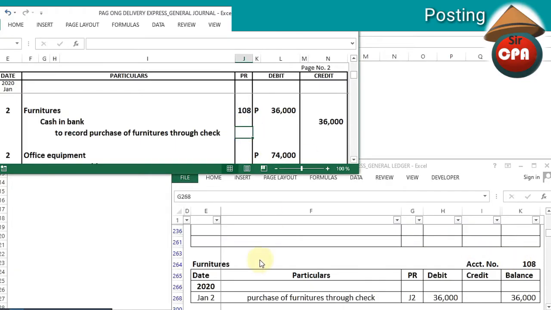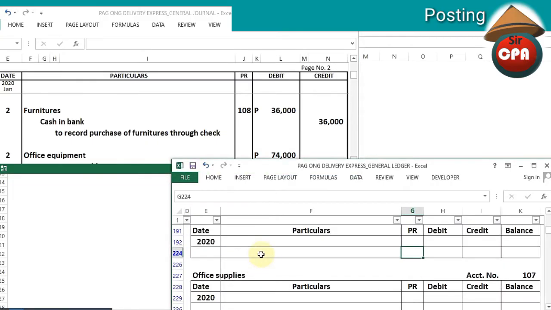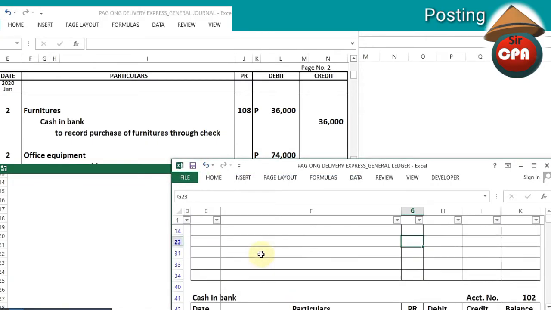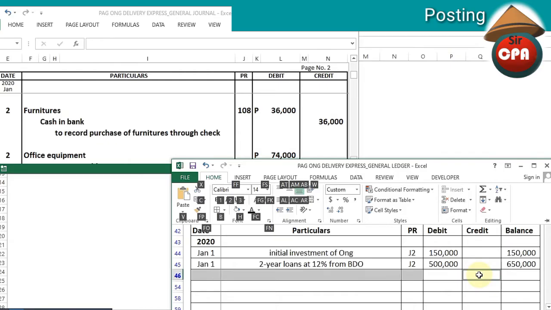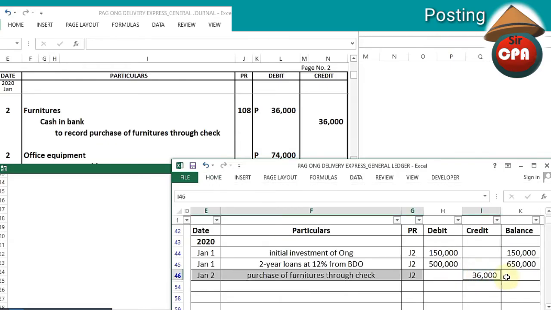So next, let's go to the cash in bank ledger. We copy the date, particulars, and amount, which is 36,000 under the credit column, because it is also in the credit column per our journal. Then, let's compute the balance. We have 650,000 before this. And take note, this time it is credited. So, that means it is a deduction. Right?